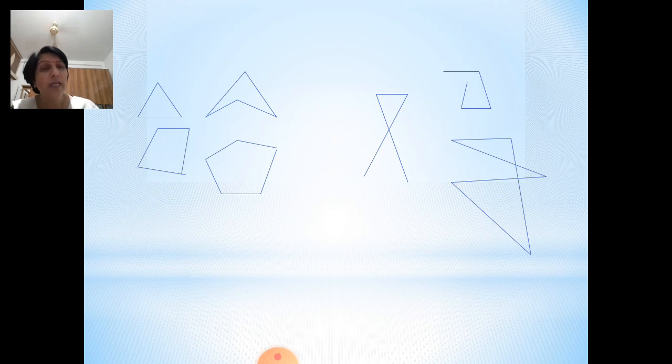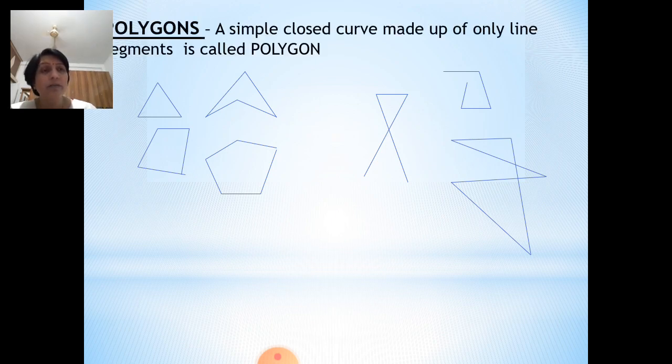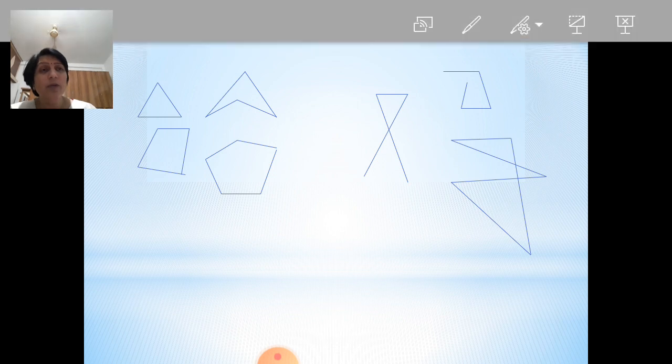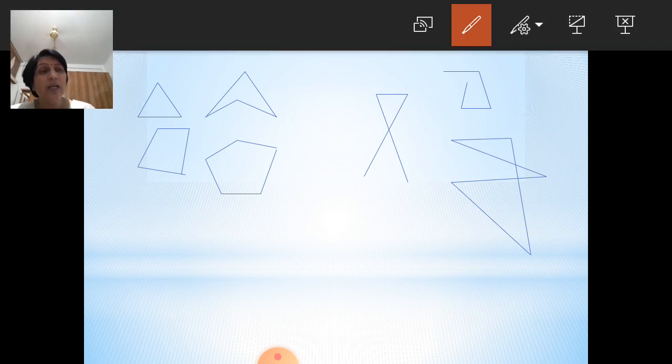Open means their starting and end points are different. And one more thing you can see, in the first group, the lines are not overlapping. But in the second group, you can see that in this figure the lines are overlapping.